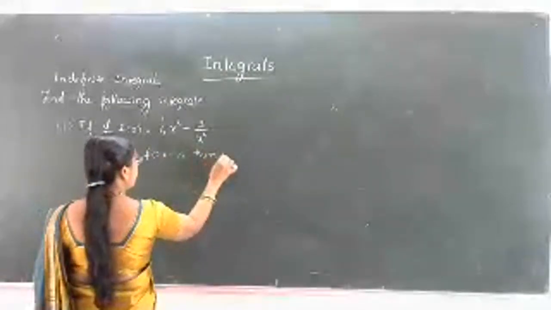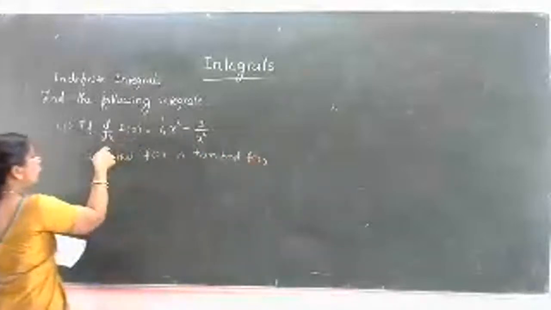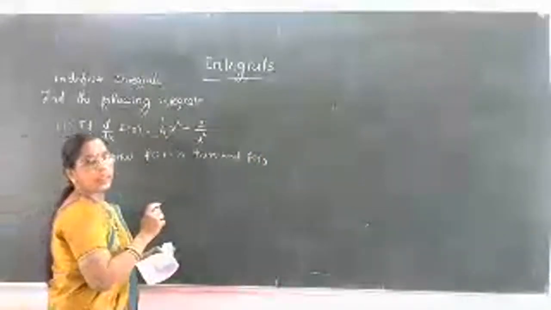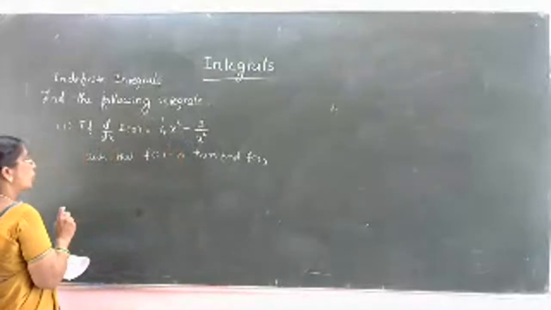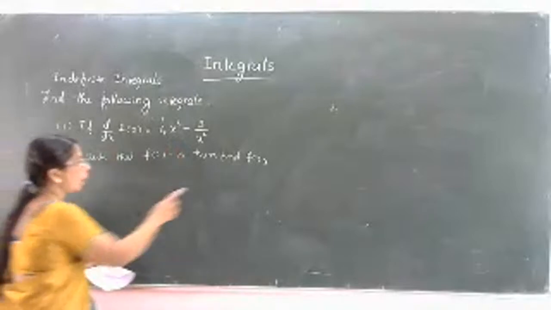Then find f of x. Here, the derivative of the function is given as (4x cube minus 3) divided by x to the power 4. We have to find the function f of x.